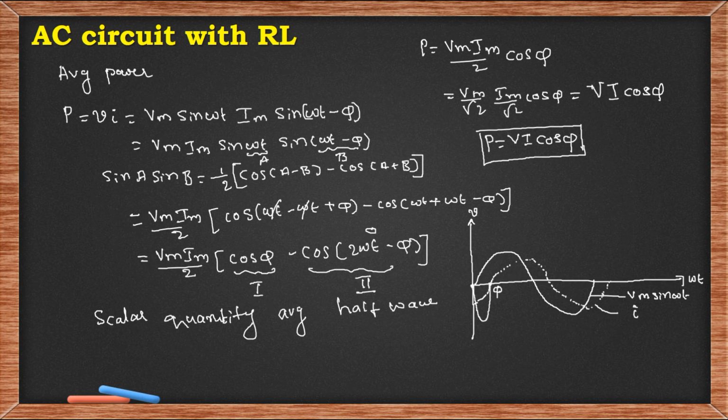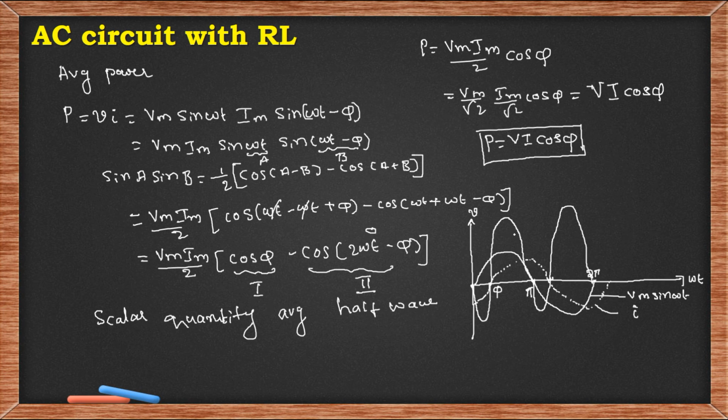In the next interval, voltage is positive and current is positive, so the product gives positive power. In the following interval, the voltage is negative and current is positive, so again the power is negative. And in the last interval up to 2 pi, current is negative and voltage is negative, so again power is positive.